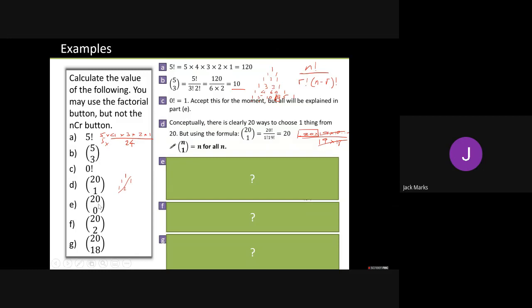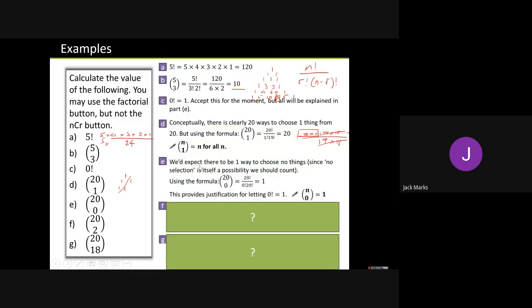Let's look at 20 choose 0. You know the answer is going to be 1 because the first number is always 1. Why must it be 1? Well, 20 choose 0 means how many ways are there of picking 0 things out of 20? Well, there's only one way, which is that you don't pick anything at all. That's why the answer is 1.